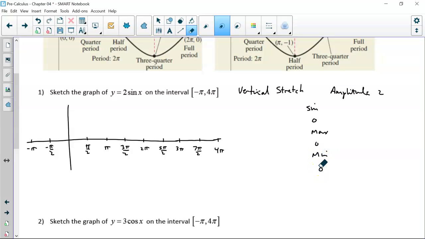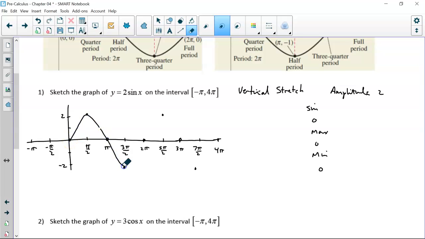So what do I mean by that? My max is 2. My min is going to be a negative 2. I start at 0. Then I get to my next key point, pi over 2. I'm at 2, my maximum. Back to 0 at pi. To my minimum, negative 2 at 3 pi over 2. 2 pi, I'm back at 0.